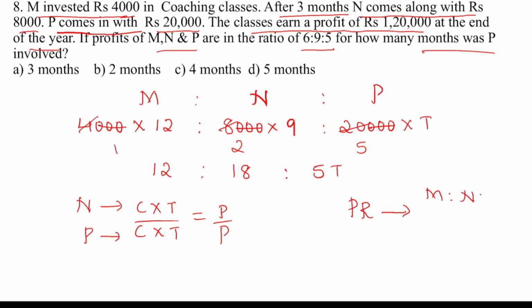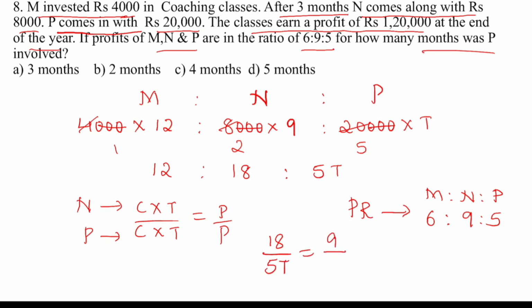Yam is to Yan is to P is how much? 6 is to 9 is to 5. Okay. So Yan's capital into time is how much? 18 parts, and P's is how much? 5t, which is equal to the profit ratio, which is how much?